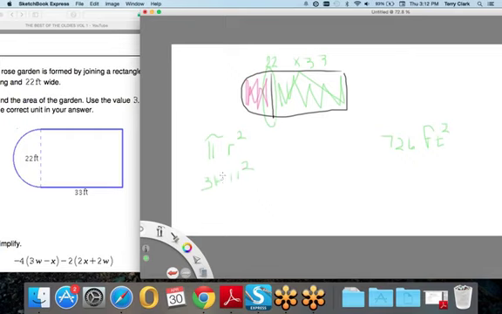Now, the order of operations says that we ought to do the squaring first. Okay, so that has to be done first. Can't get around that one. It's going to be 121.